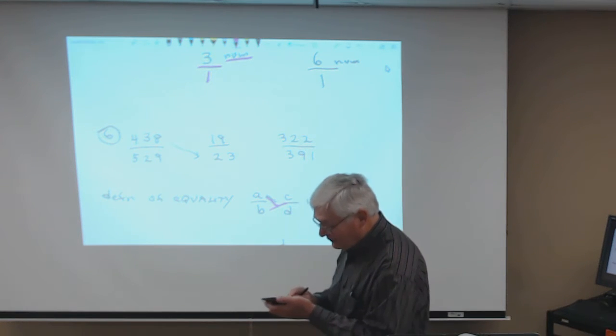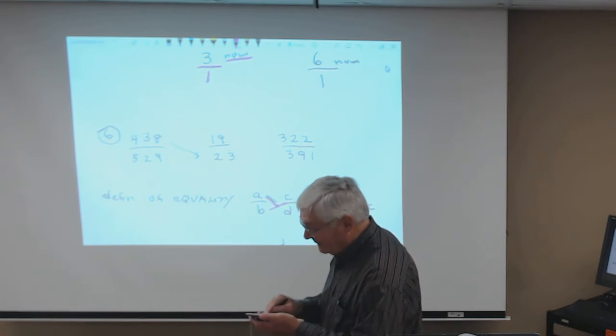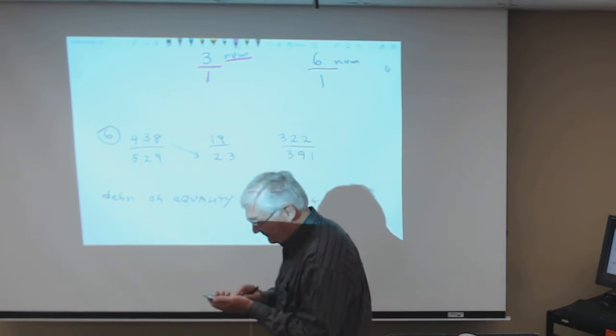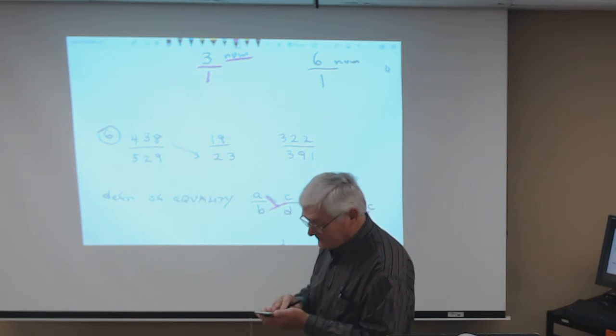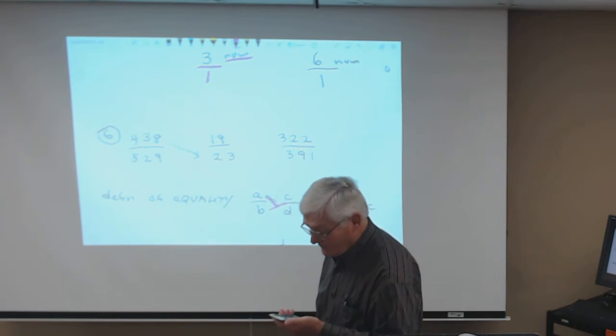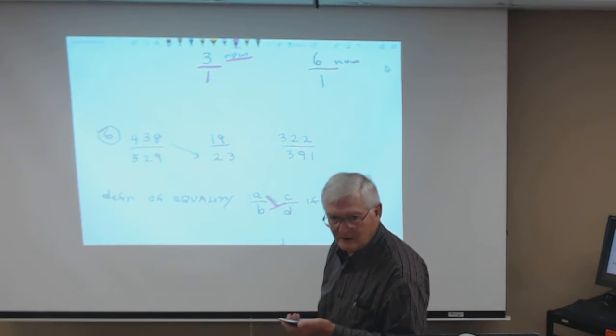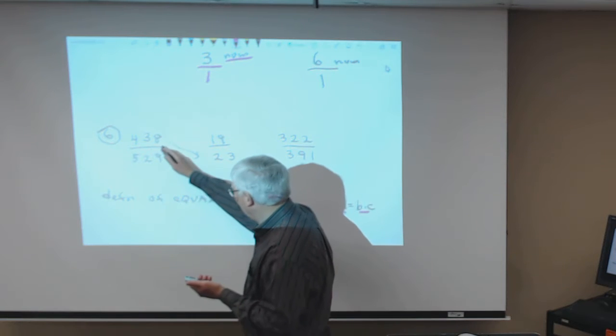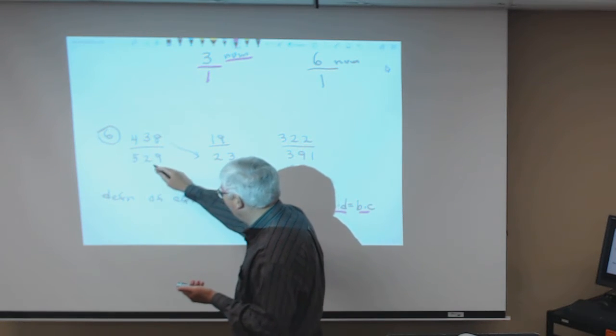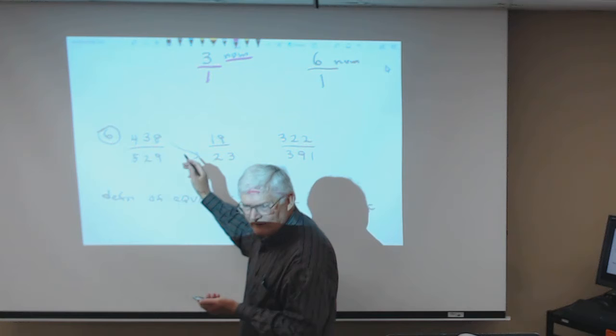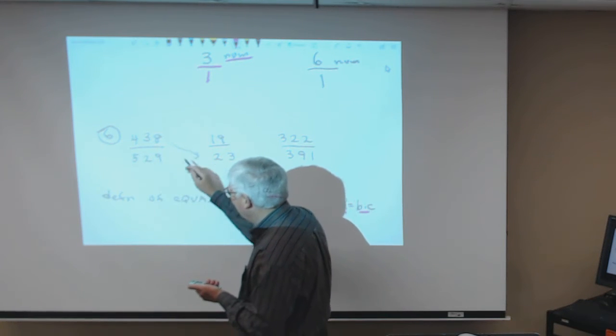Now I take 529 times 19. What does that equal? 10051. Do they match? Did 438 times 23 equal 529 times 19? No. So these are not equal.